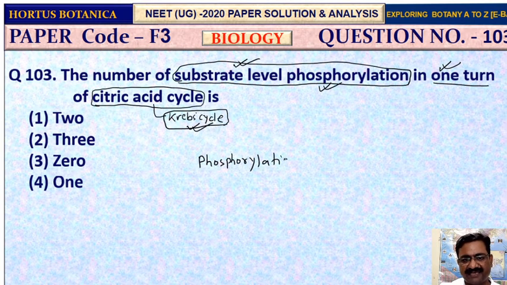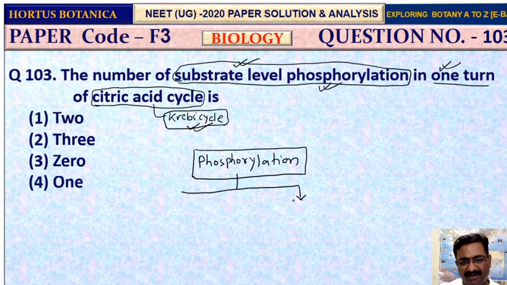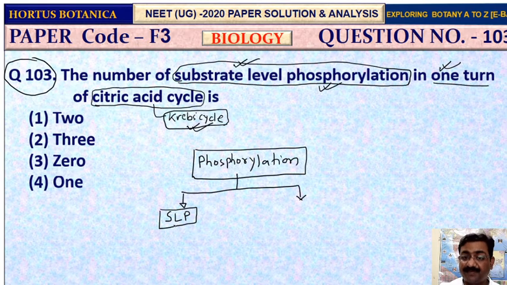Phosphorylation means addition of phosphorus, as a result of which there will be formation of ATP. This phosphorylation is of two types. It may be substrate level phosphorylation, what the question is asking in question 103, substrate level phosphorylation or substrate phosphorylation.